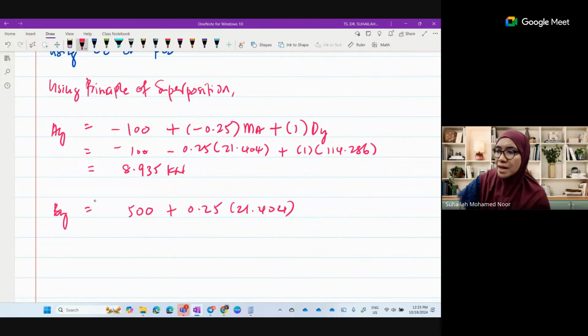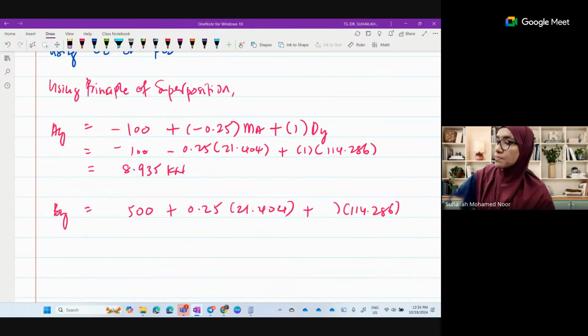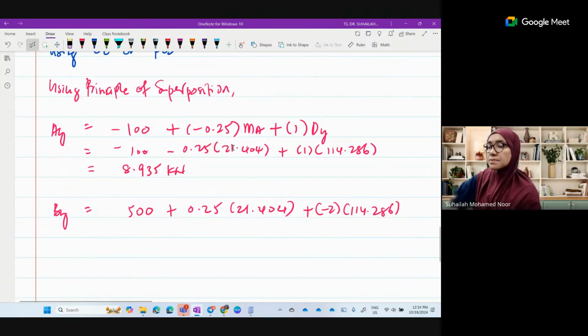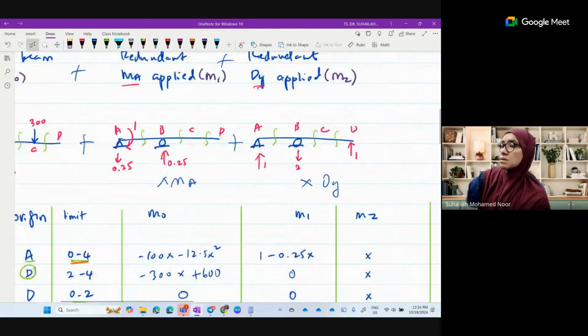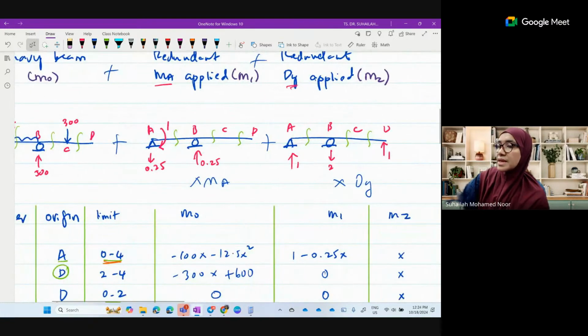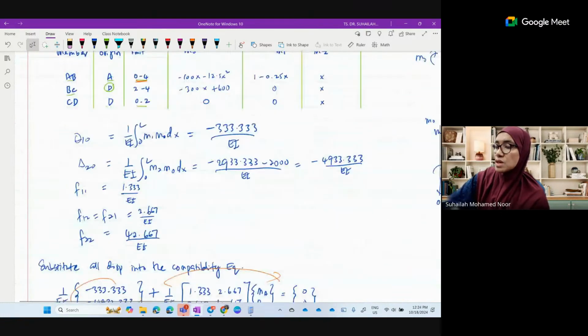Lepas tu kita ada negatif 1, positif 1 juga kan. Sini 1 kali dengan 114.286.